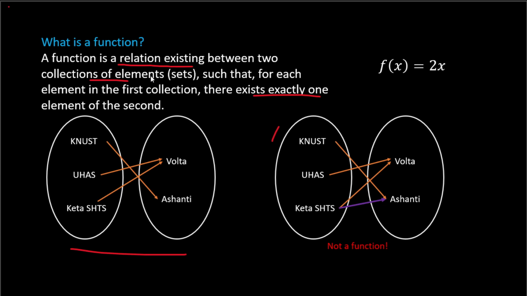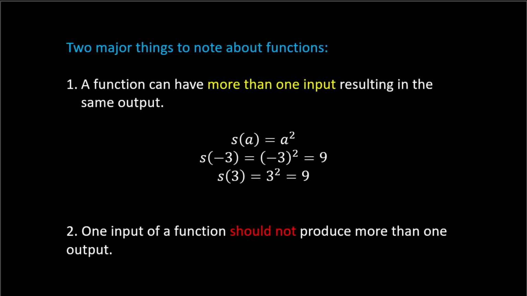Let's get into that. Now, it is important for us to note two major things about the definition of functions that we just looked at. First thing to note is that a function can have more than one input evaluating to the same output. For example, let's consider this function right here, s of a to be equal to a squared. This squares whatever it's given as the input.